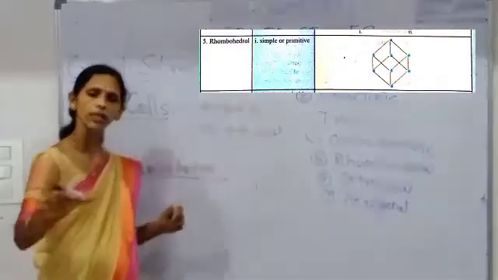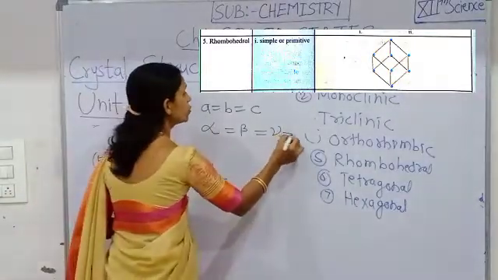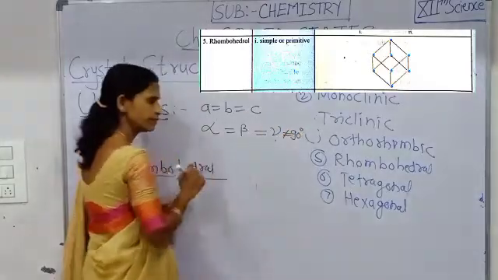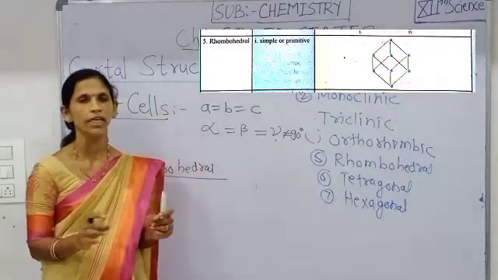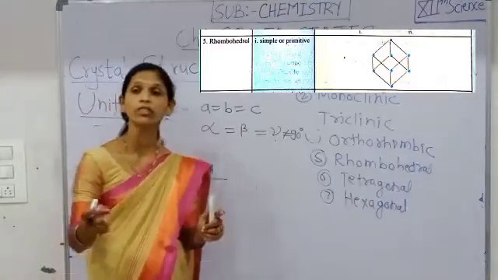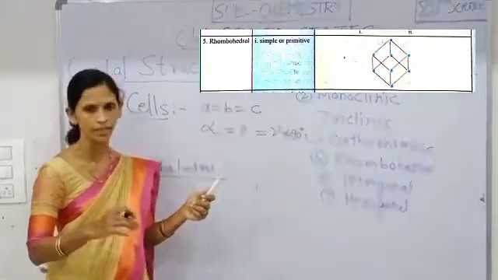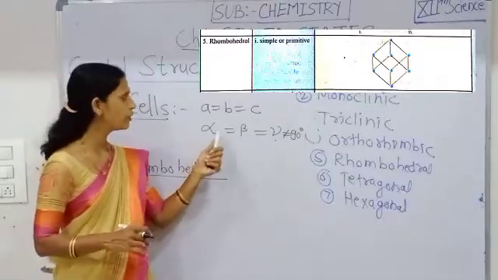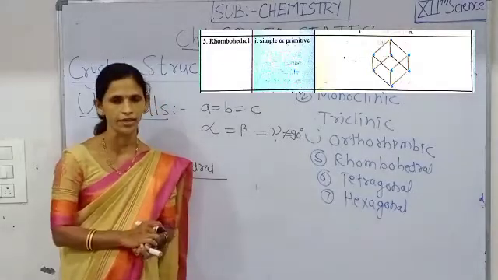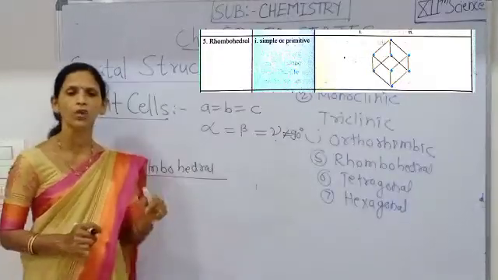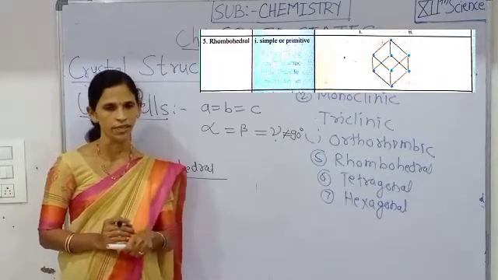That means all three angles are also equal, but not equal to 90 degrees. They may be less than 90 degrees or greater than 90 degrees. In rhombohedral, only the simple, that is primitive, type of unit cell is there.